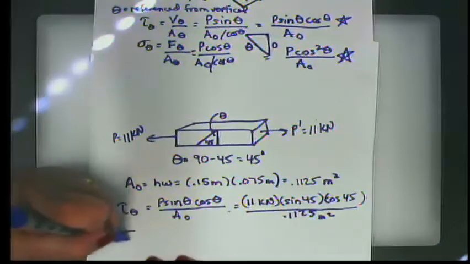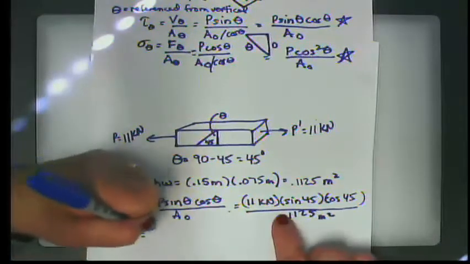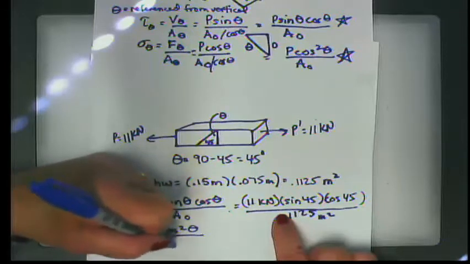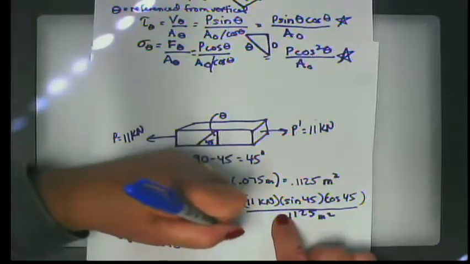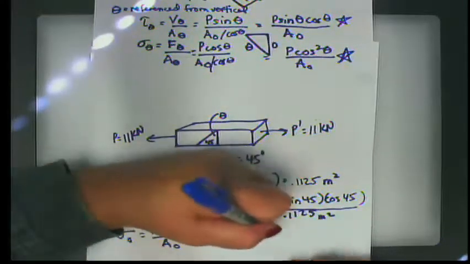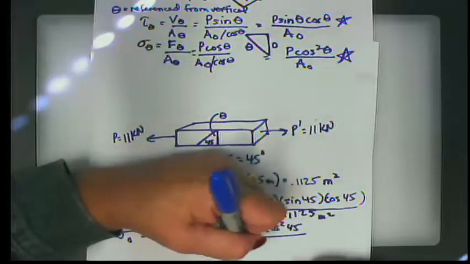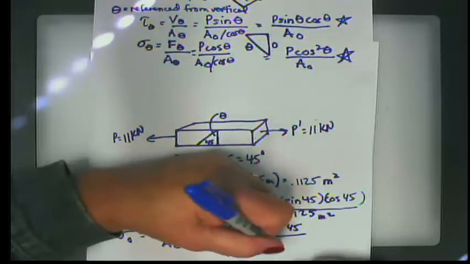And my sigma theta then is equal to P times the cosine squared of theta over A sub 0, which is 11 kilonewtons times the cosine squared of 45 degrees divided by the area A sub 0, 0.01125 meters squared.